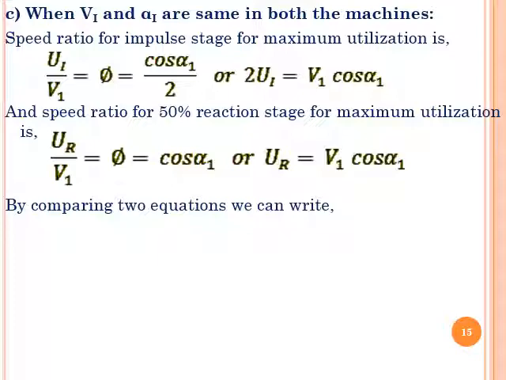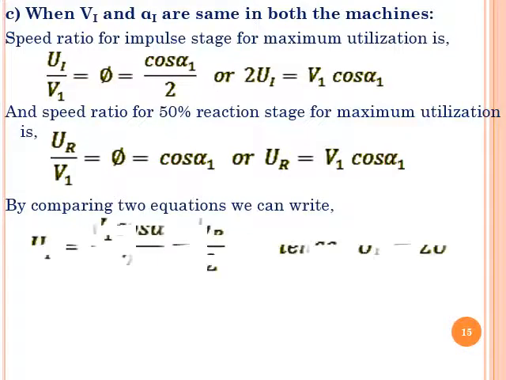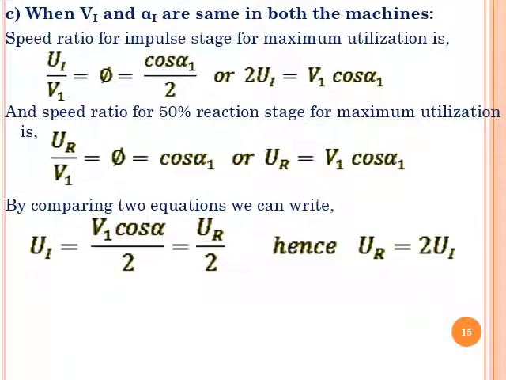By comparing these two equations, we can write the blade speed of the impulse turbine is equal to V1 cos alpha 1 by 2, and V1 cos alpha 1 is equal to the blade speed of the reaction turbine.